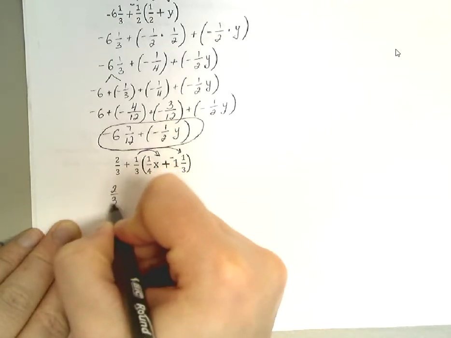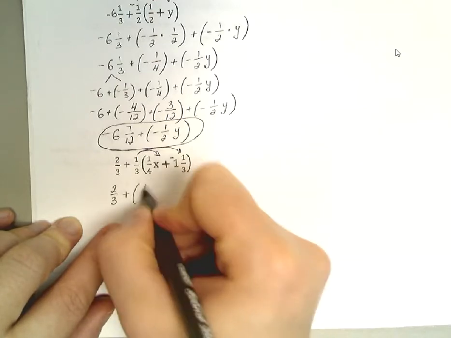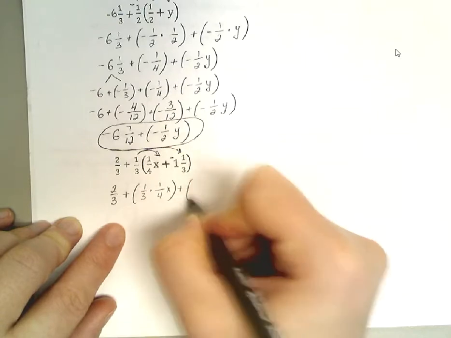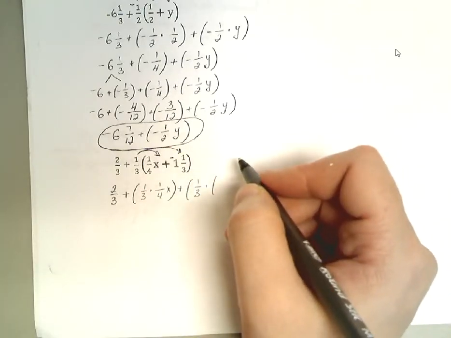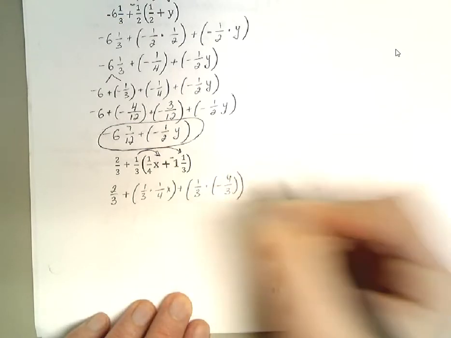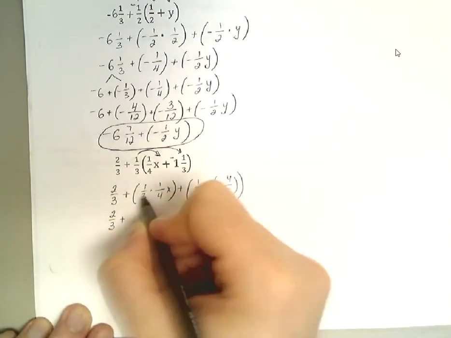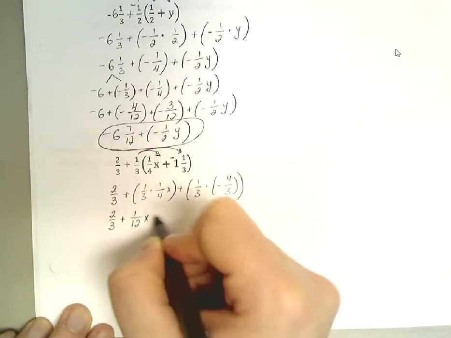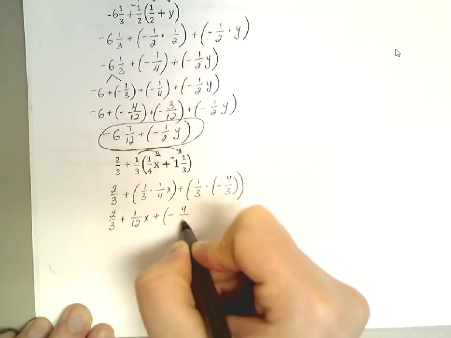So 2/3 plus 1/3 times 1/4 x, plus 1/3 times, and I'm going to switch that into an improper fraction right away, negative 4/3. Okay, so I have 2/3 plus 1/12 x plus negative 4/9.